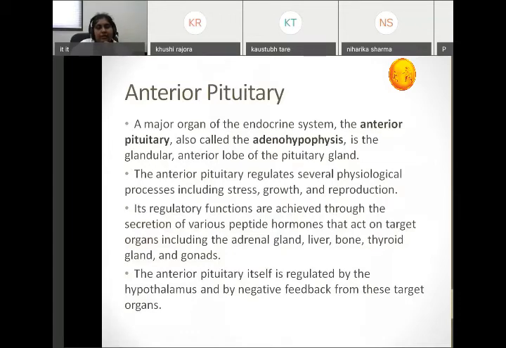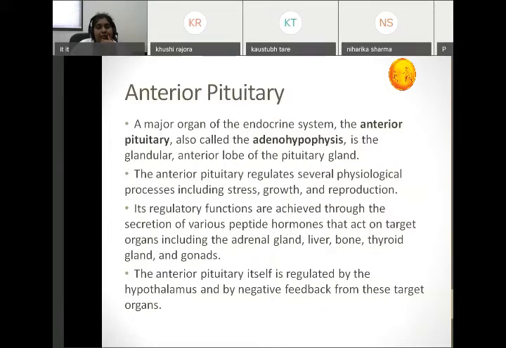Anterior pituitary, a major organ of the endocrine system. The anterior pituitary is also called adenohypophysis. Already you know that the posterior pituitary is called neurohypophysis and the anterior pituitary is called adenohypophysis. This is the glandular anterior lobe of the pituitary gland.